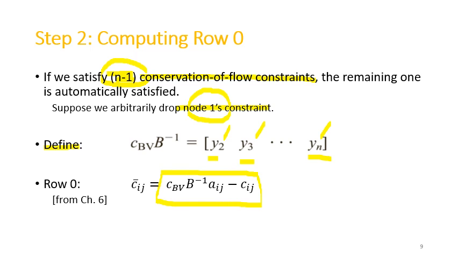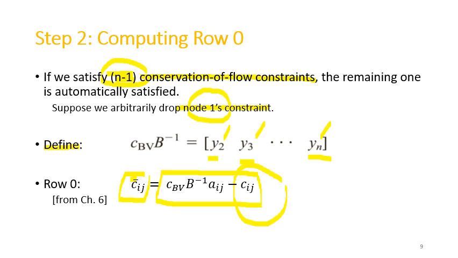CBV B inverse times Aij minus Cij. So Cij with this flat hat above the C means the coefficients of that variable that you see on the table. And this C without any hat, without any line above the C, means the coefficient of that variable in the original problem.